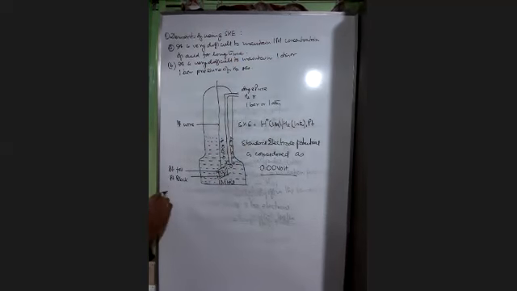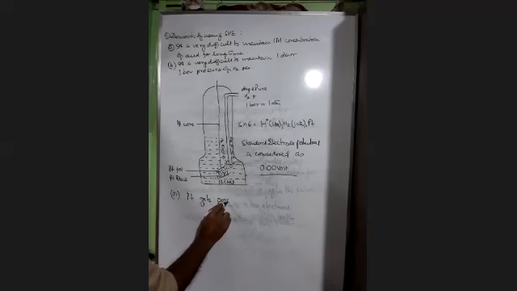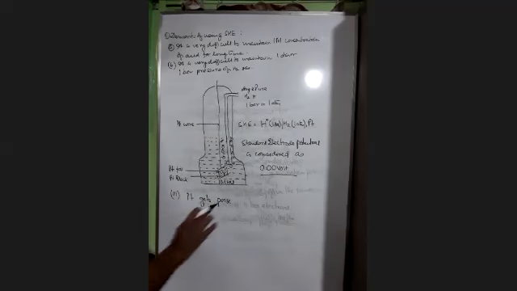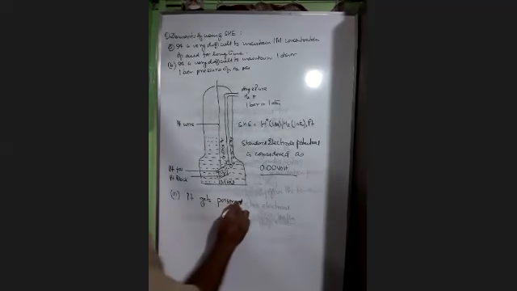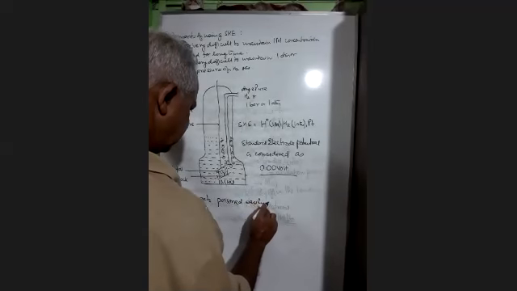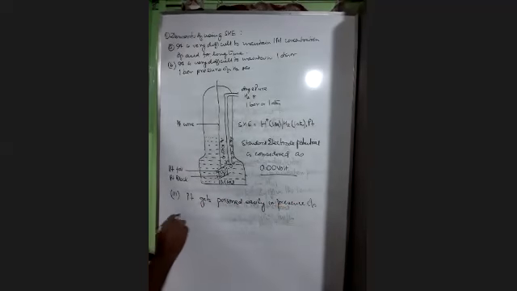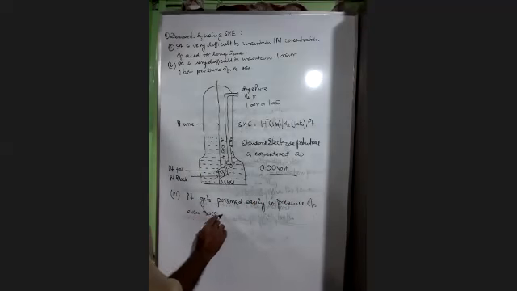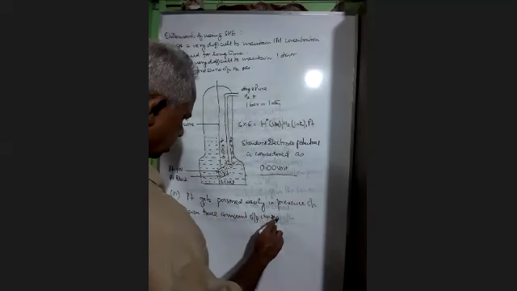Okay. Third, platinum gets poisoned easily in presence of even trace amount of impurities.